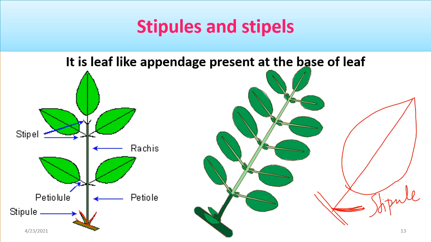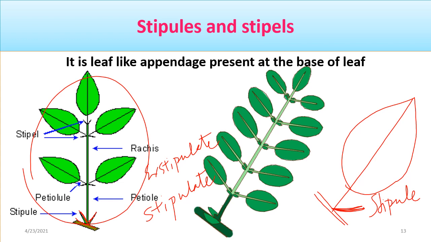If such type of stipule is absent, then that leaf is called exstipulate, and if the stipule is present, then that is called a stipulate leaf: stipulate and exstipulate. Then, this is a compound leaf.